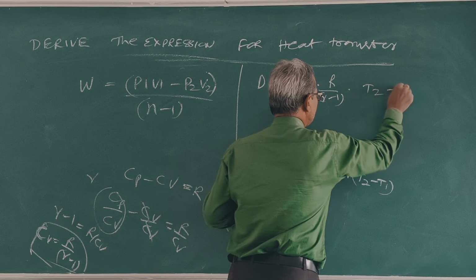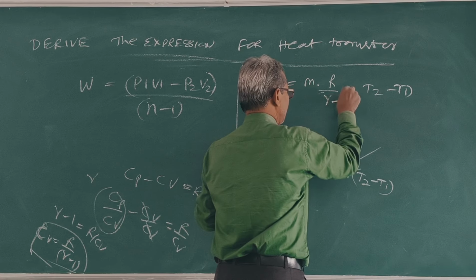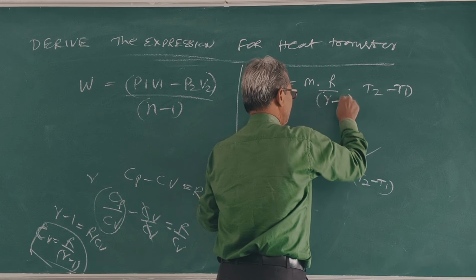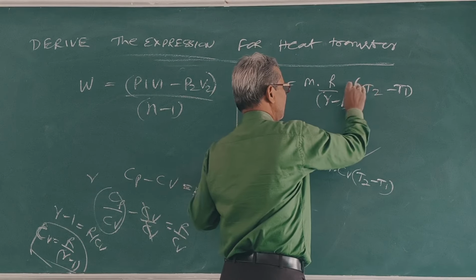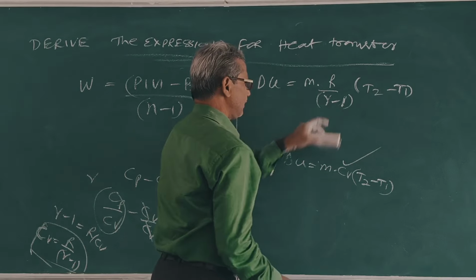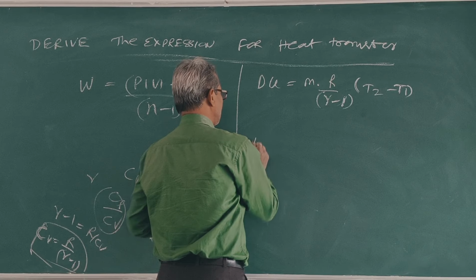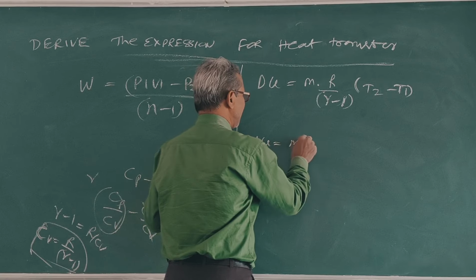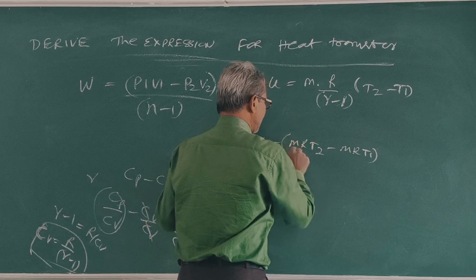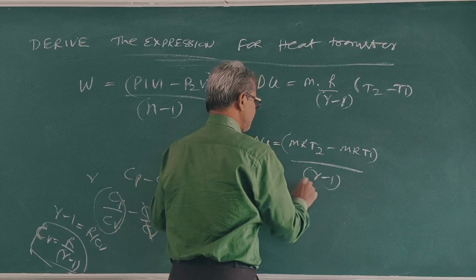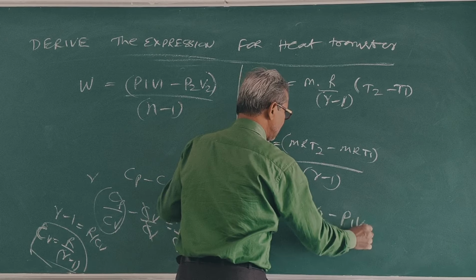So delta U is equal to (m R T2 minus m R T1) by gamma minus 1, which is (P2 V2 minus P1 V1) by gamma minus 1.